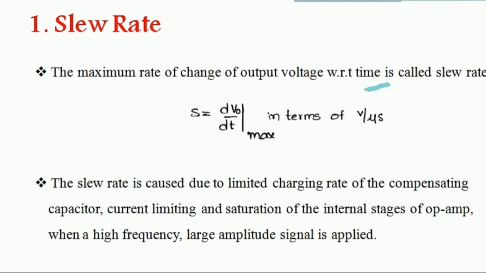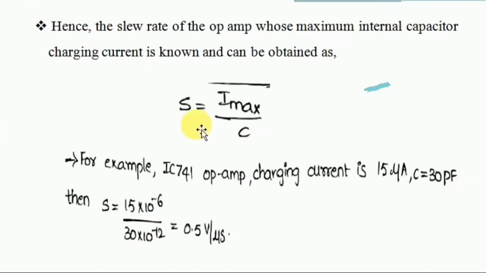But because of the high frequency and large amplitude, there is a limitation in the charging rate of the capacitor. This is because of the slew rate. The slew rate relation in terms of the capacitor is derived from a current equation: S is equal to I max by C.